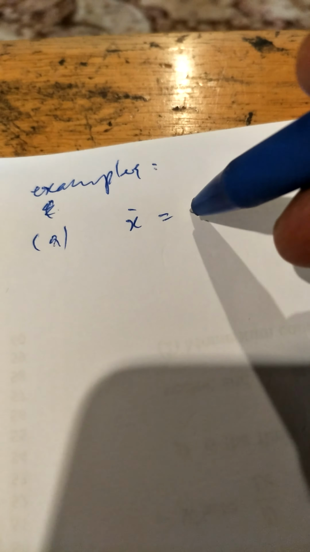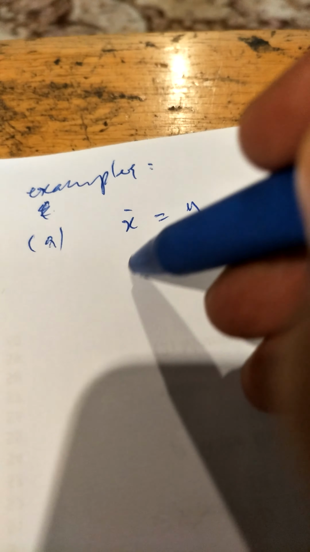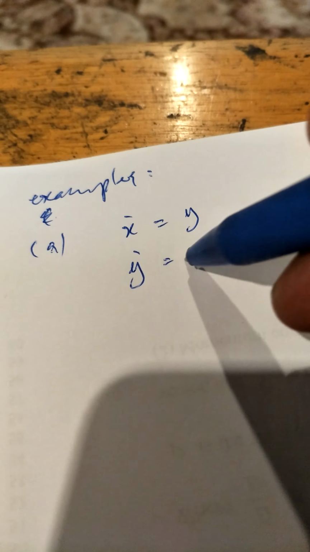Just a very simple example, because later on we go to more complicated cases. Let's consider these three examples. First example: x dot equals y and y dot equals minus x.